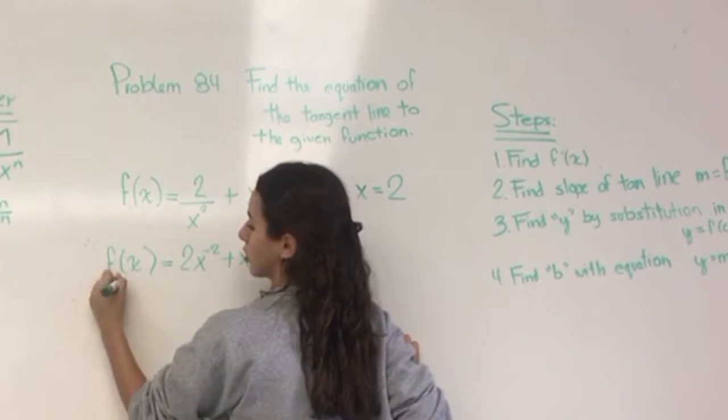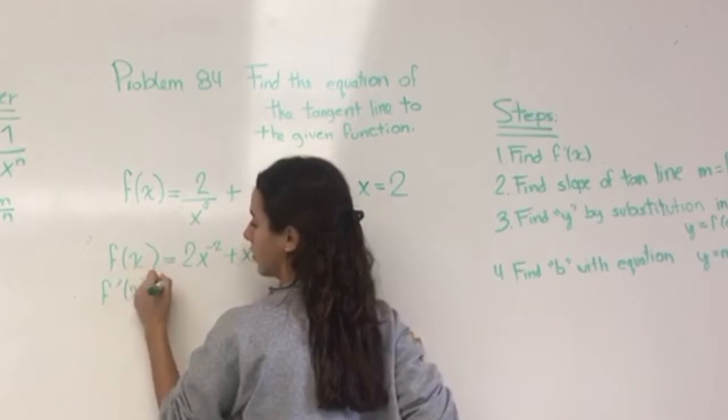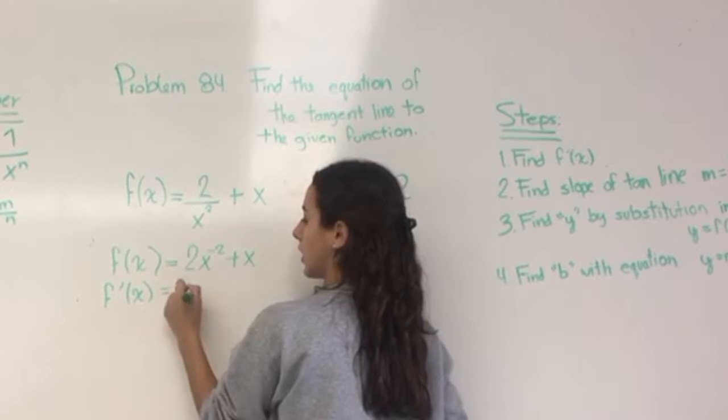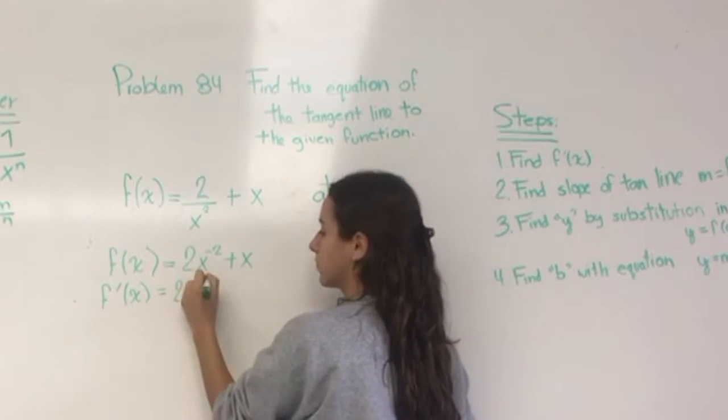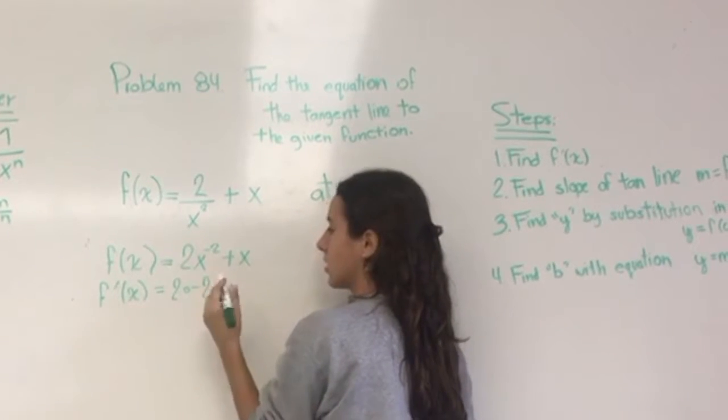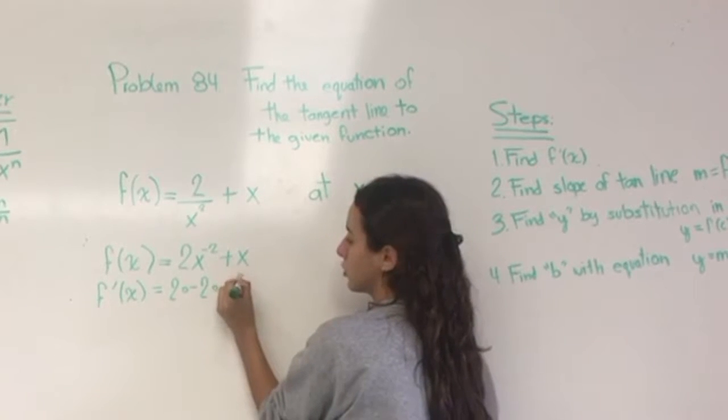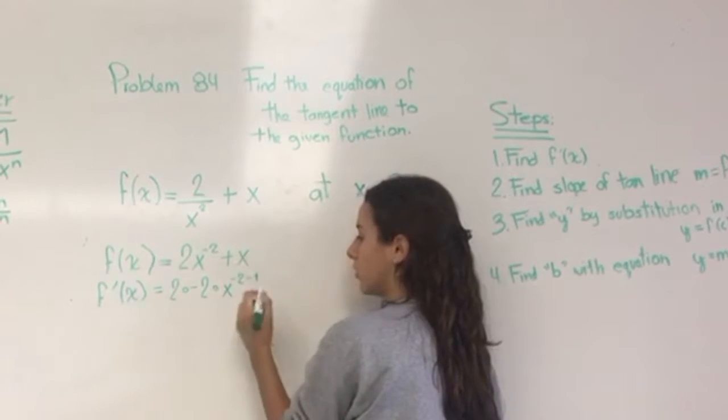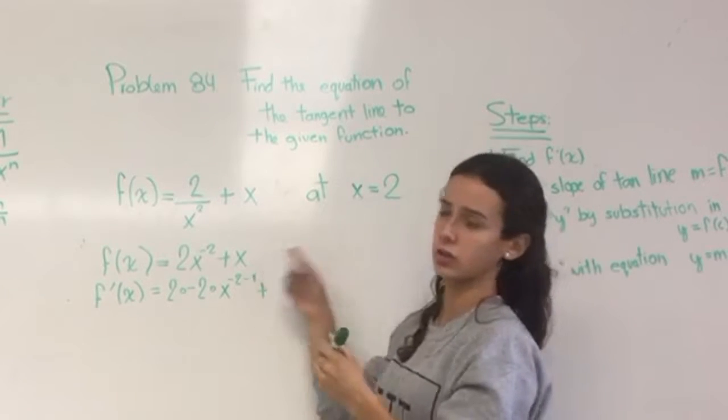Then we can start differentiating, which will be 2 times the -2 pops out times x, and with the exponents you do -2 minus 1, plus the x turns into a 1.